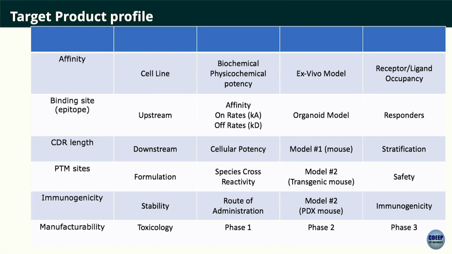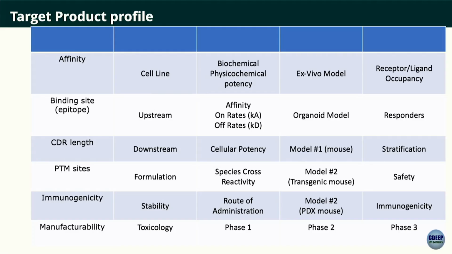What is the CDR range? CDR, very good. तो उसका लेंथ कितना है, क्यों जरूरी है जानना? Very nice. So this one has to find it out, what is the CDR length and what is the efficacy. PTM sites, where are the PTM sites and what are the possible PTMs that can happen?